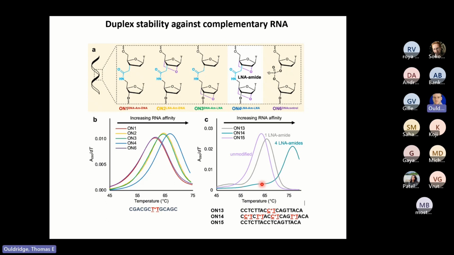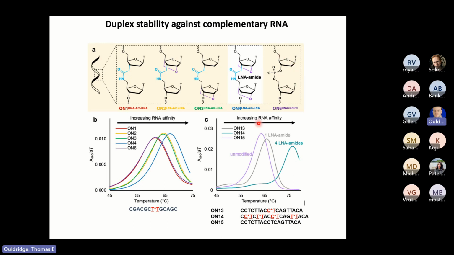So this experiment shows how we compared the stability of oligonucleotides containing LNA with amides and compared it to oligonucleotides which had either no LNA, 1 LNA, or a normal phosphodiester. And what we found was that if we take oligonucleotides with different numbers of LNAs, the oligonucleotide that contained LNA amide gave a very stable duplex.